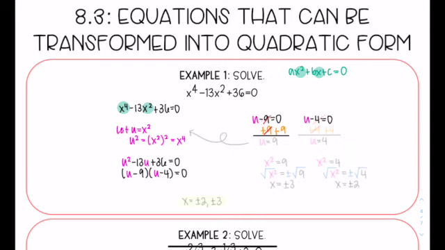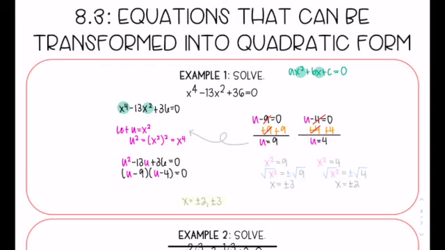So we get u equals 9. And we're also going to add 4 to both sides. And we get that u is equal to 4.